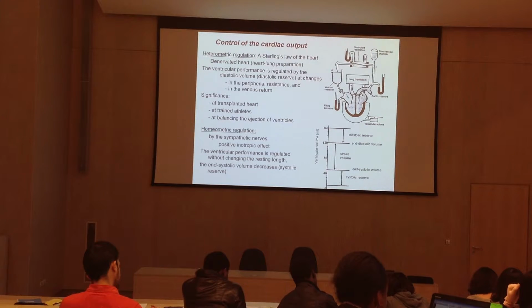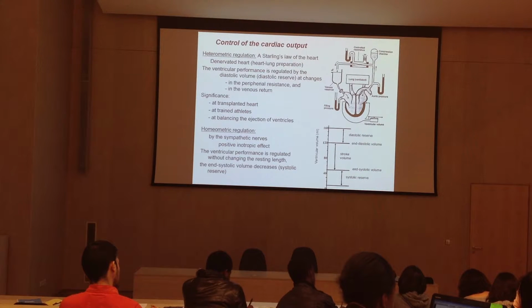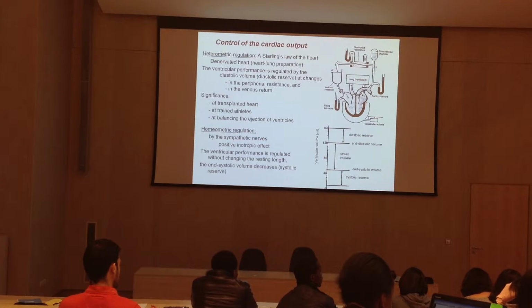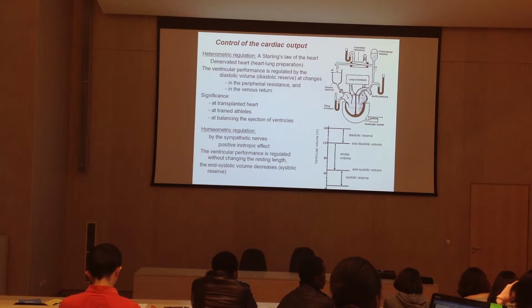Because what will happen with the 1 or 2 liters of extra blood in the lung? How will the left ventricle increase the stroke volume? It will increase because the end diastolic volume will increase due to the larger filling, and the output of the left ventricle will be automatically adjusted to the same level where the right ventricle is working.